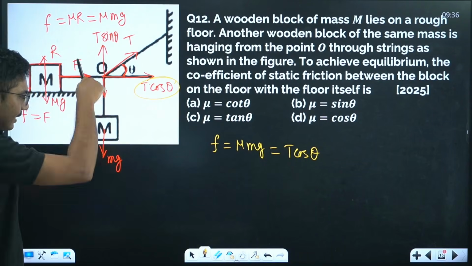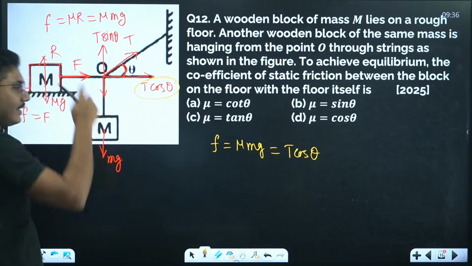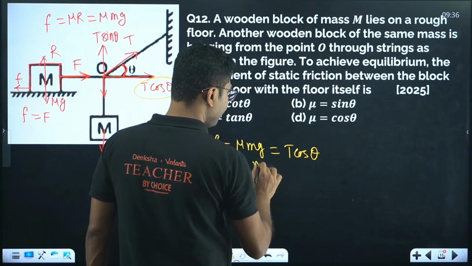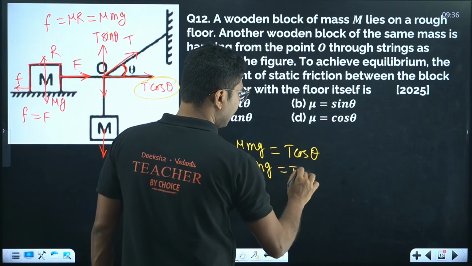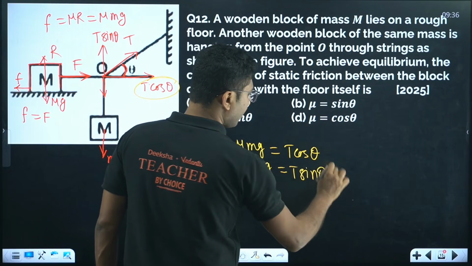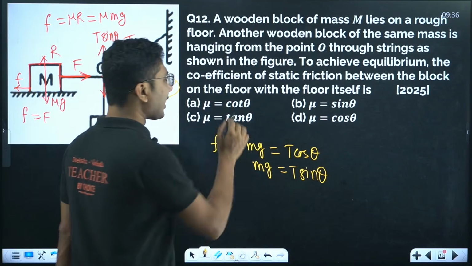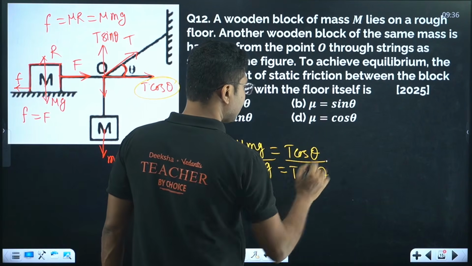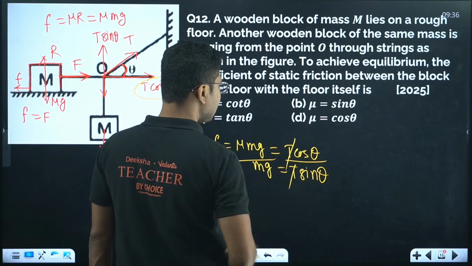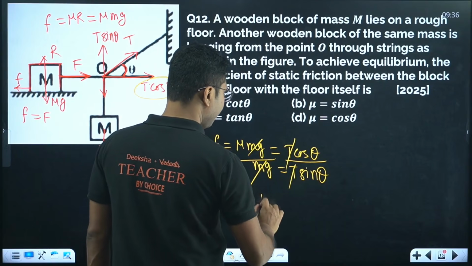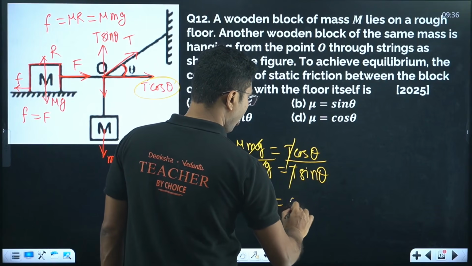Secondly, this force is acting downward, mg, and T sin theta is acting upward, so mg equals T sin theta. Now you are trying to find the mu value, so just divide them. T cancels, mg cancels, and you get mu equals cot theta.